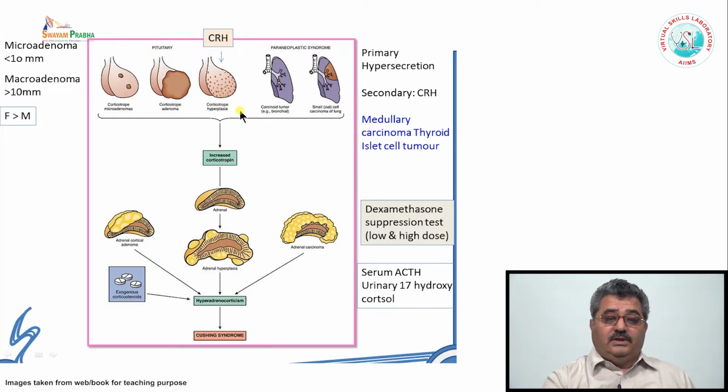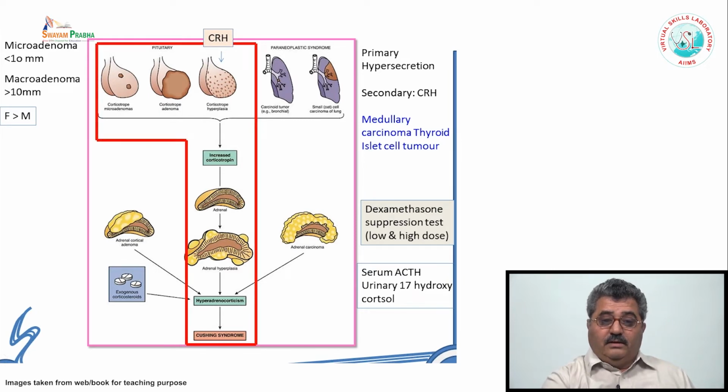How to differentiate the Cushing disease or the ACTH dependent Cushing syndrome from the ACTH independent Cushing syndrome? Now, if you give the steroid, which is known as the dexamethasone suppression test, if you give low doses of dexamethasone, in the ACTH dependent, that is something wrong in the pituitary gland, the levels are very high.